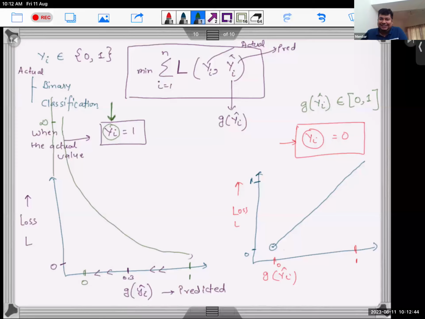You're penalizing it more, so it should give you accurate values. So your prediction should be very, very confident. When your actual value is 1, the prediction should be as close as possible to 0.9999999, very, very close to 1. That's why you're penalizing it very highly as you move away.